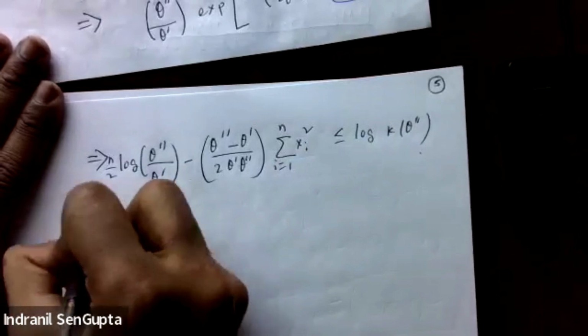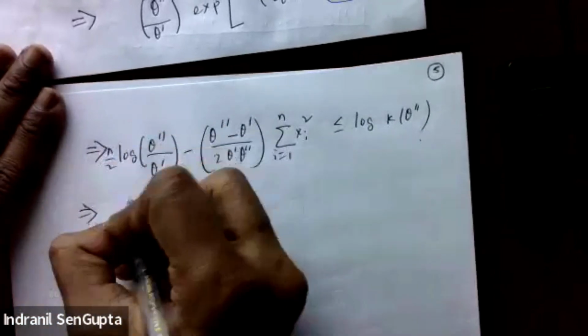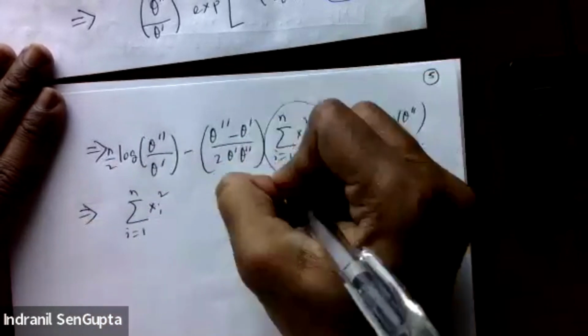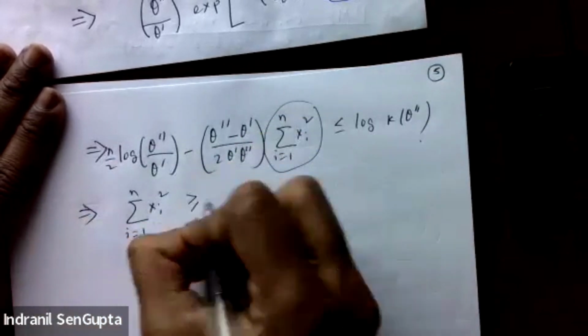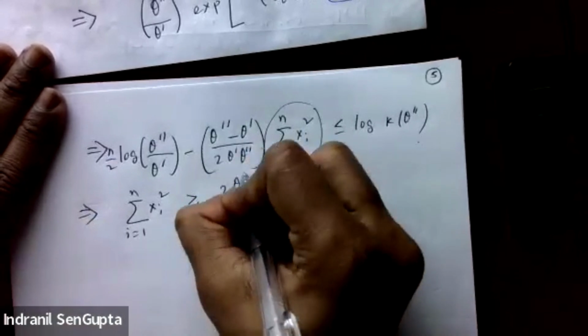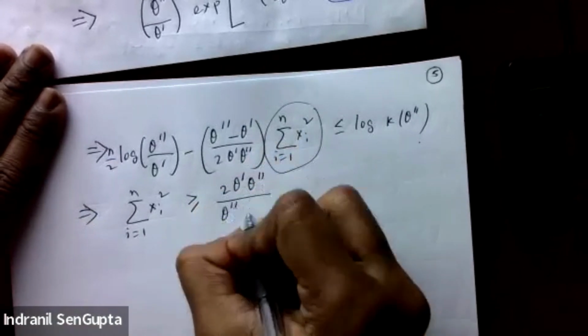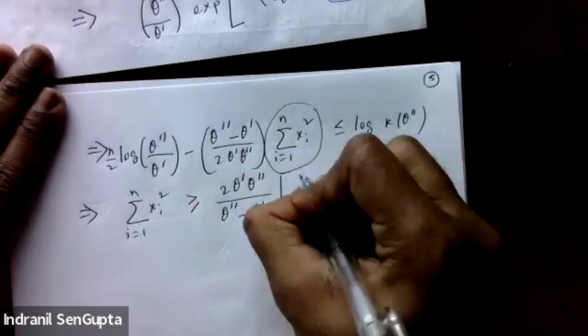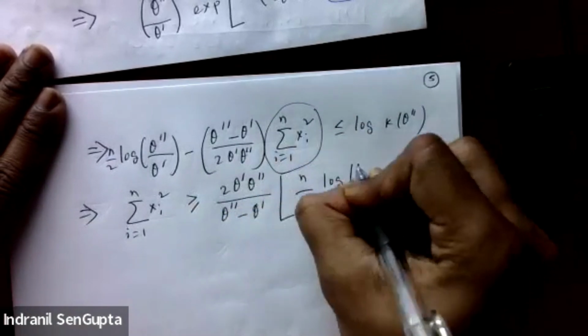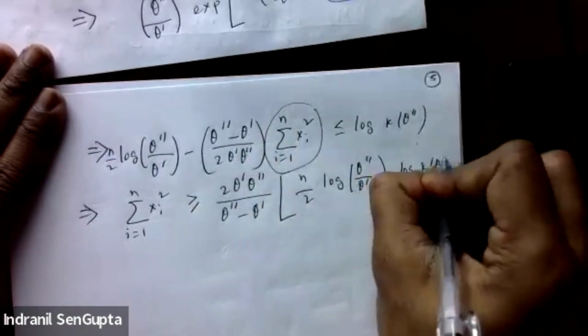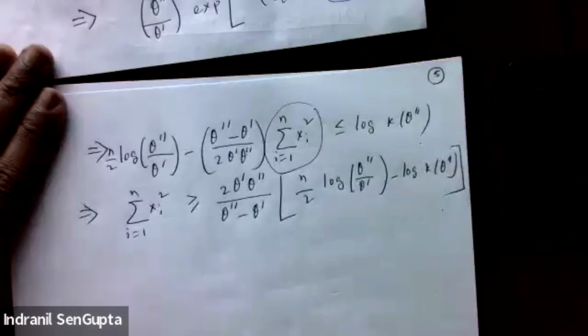And I'll leave some simplification up to you. If you simplify this, you're going to get summation i from 1 to n xi squared bigger than or equal to theta double prime over theta double prime minus theta prime, and then you have n over 2 log of this quotient minus log of k theta double prime. So that's what you have.